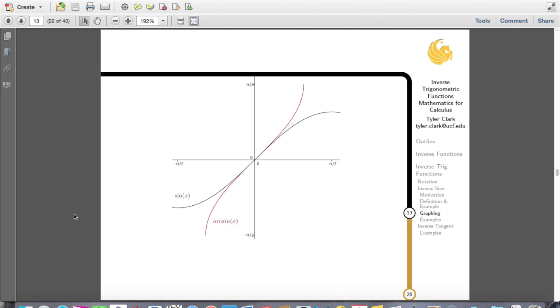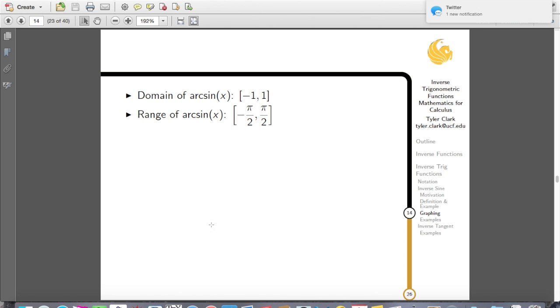So this is just a recap of the graph that we just looked at. We have that the graph is this red graph. So we want to look at the domain and range of the arcsine function. We always care about the domain and range of our functions. So the domain of our sine function, when we restricted it, was between -pi/2 to pi/2.